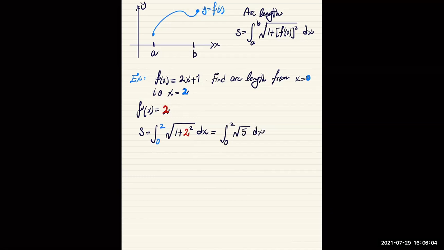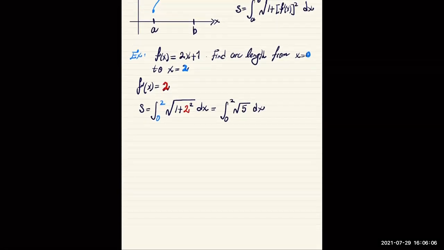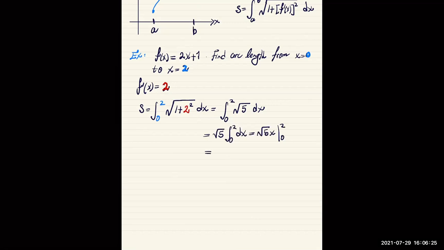Root 5 is a constant. You can kick that out of the integral, get root 5 times the antiderivative of dx, that gives you x. So we get root 5 times x. And we're going to evaluate this from 0 to 2. And it's just going to give you 2 square root of 5.